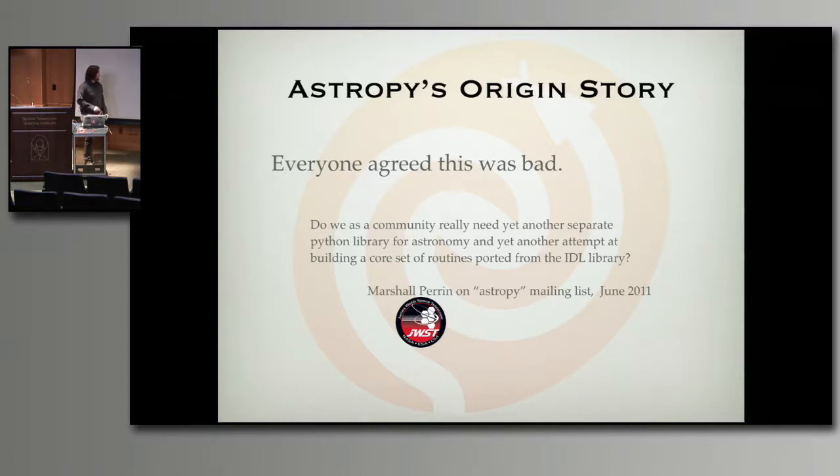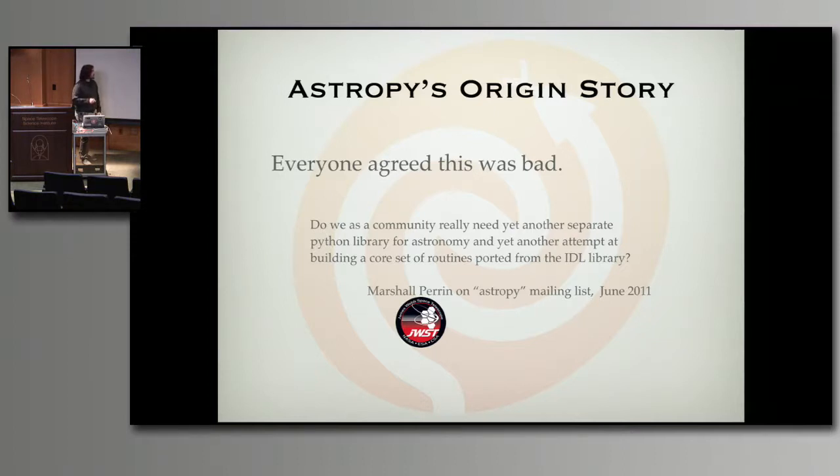So in June 2011, Marshall Perrin, who is part of the JWST mission at Space Telescope, asked this simple question on the mailing list that's sort of the go-to mailing list for doing astronomy with Python.